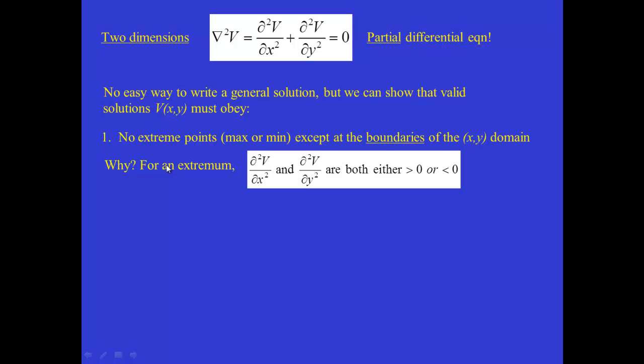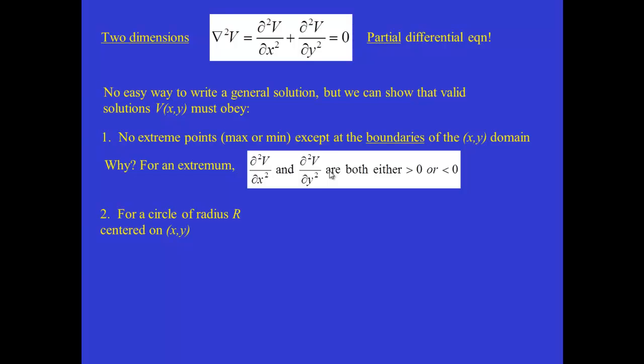So for an extremum, d squared V dx squared and d squared V dy squared are both either positive or negative, right? And so if they're both positive, they can't add up to 0. And if they're both negative, they also can't add up to 0. And so this effectively means that we can't have extreme points except the ones that exist at the boundaries.